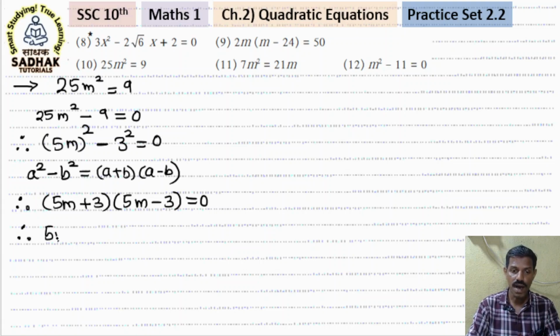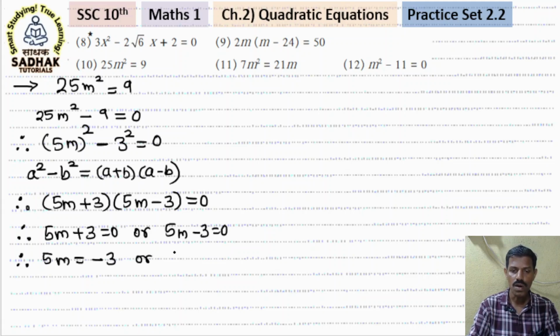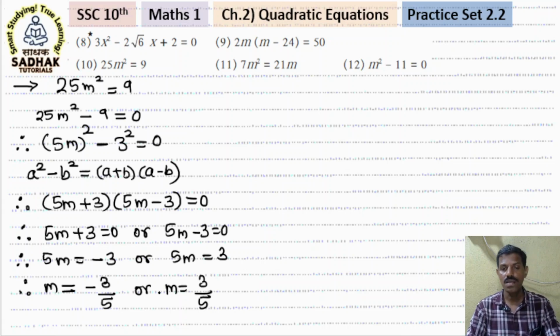So this means either 5m plus 3 is equal to 0 or 5m minus 3 is equal to 0. So that will give us 5m is equal to minus 3 or 5m is equal to 3. So that we can simplify and write m is equal to minus 3 upon 5 or m is equal to 3 upon 5. So these are the roots of the given equation.